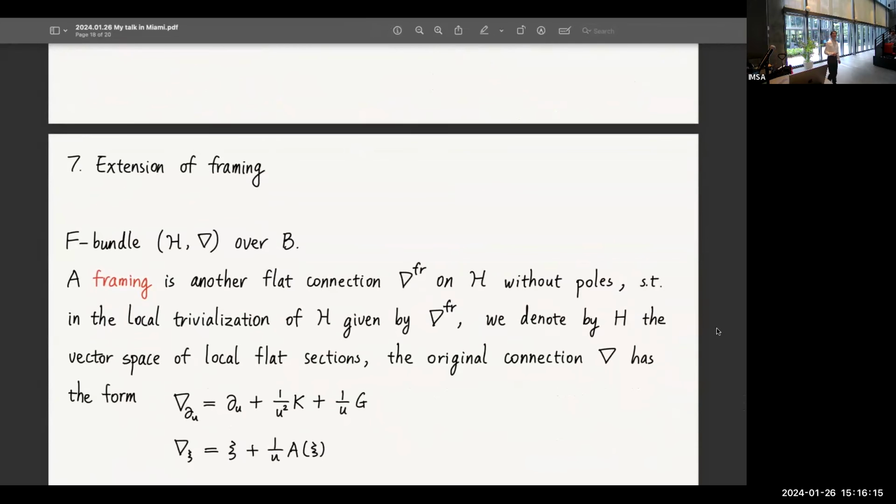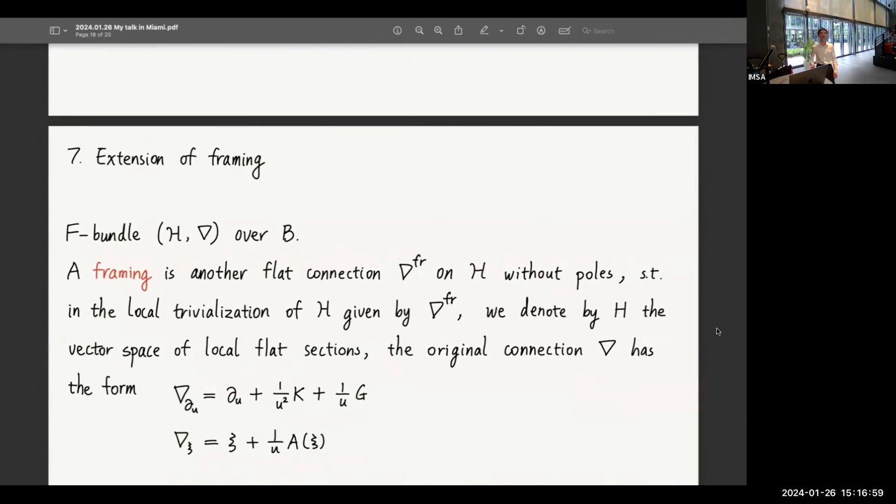So let's say I have an F-bundle H with connection nabla over B. A framing is another flat connection denoted as nabla framing FR on H without poles, such that in the local trivialization of this vector bundle curly H given by this connection FR, if we denote by straight H the vector space of local flat sections, then the original connection has the following form.